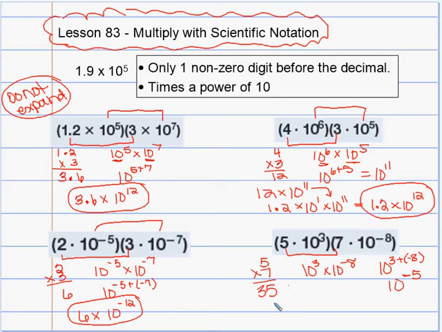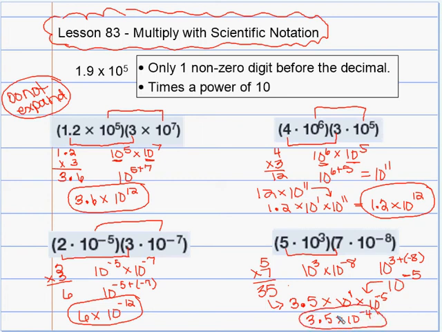Now here, look at this 35, that needs to be 3.5. And again, to move my decimal to the end, it would be times 10 to the power of 1, but I still have this times 10 to the negative 5th, so I end up with 3.5 times 10 to the 1 plus negative 5, which is negative 4.